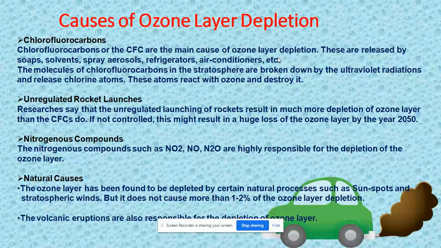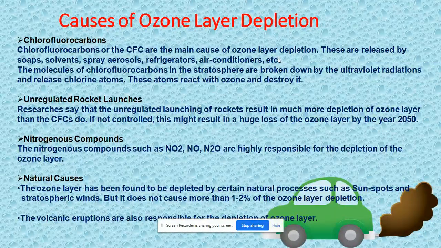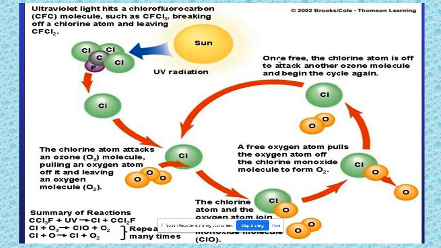Natural causes: the ozone layer has been found to be depleted by certain natural processes such as sunspots and stratospheric winds, but these do not cause more than 1 to 2% of ozone layer depletion. Volcanic eruptions are also responsible for the depletion of the ozone layer.